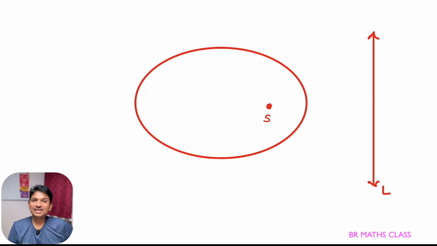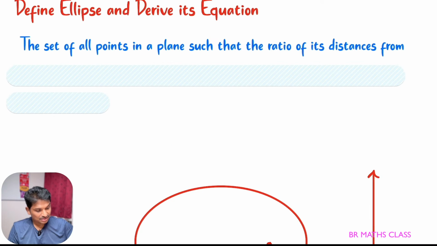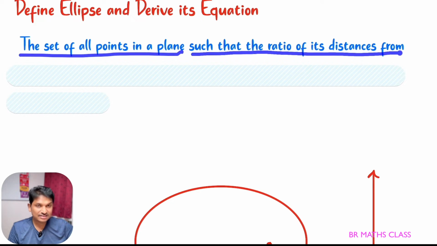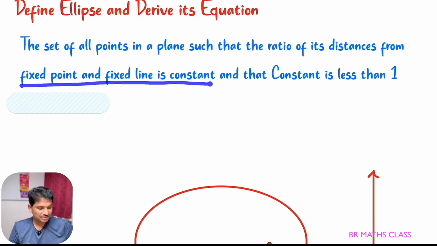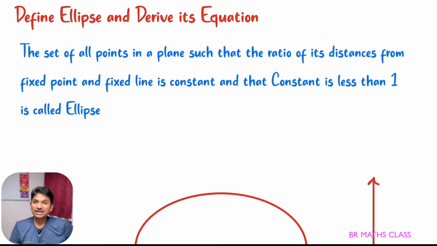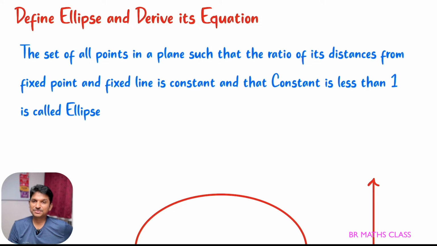Now let's see the definition of ellipse. The set of all points in a plane such that the ratio of its distances from a fixed point and a fixed line is constant and that constant is less than 1 is called an ellipse. I hope you understand the definition of ellipse. Now the definition of ellipse is over.